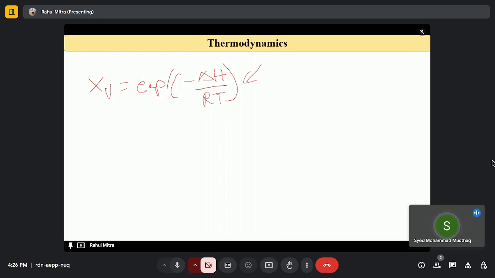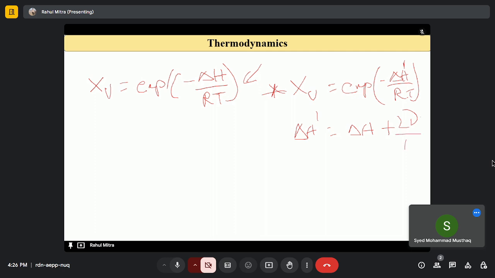Now what about the surface? The extra term will be added to delta H. Now that will be equal to minus delta H by RT, where delta H is the new delta H, which I am representing as delta H dash. That delta H dash will be delta H plus 2 gamma Vm by r, where Vm is the molar volume, or atomic volume if you want to take that.